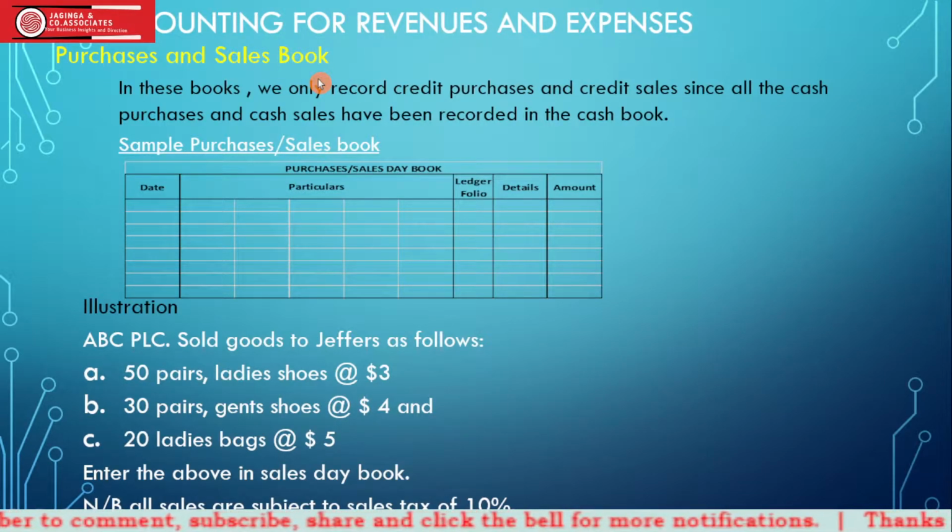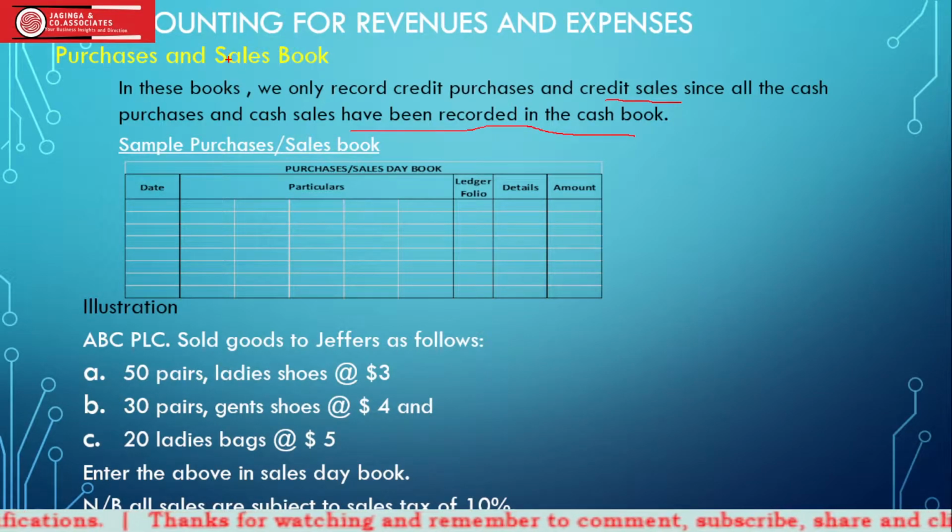And then we are saying here that purchases and sales book are books that only record credit purchases and credit sales, since all cash purchases and cash sales have been recorded in a cash book. So here we only record credit sales and credit purchases.